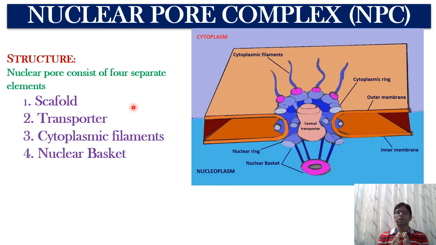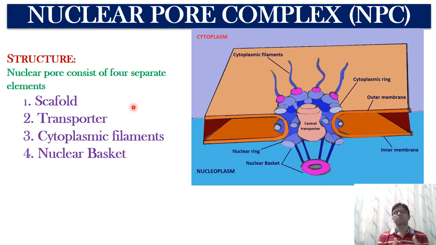The transporter is a proteinaceous ring which measures 36 to 38 nanometers in diameter, and it is made up of two irises.